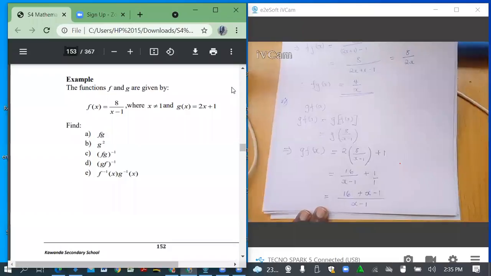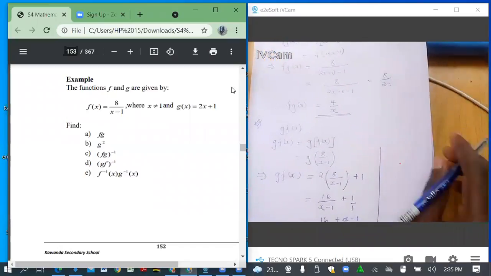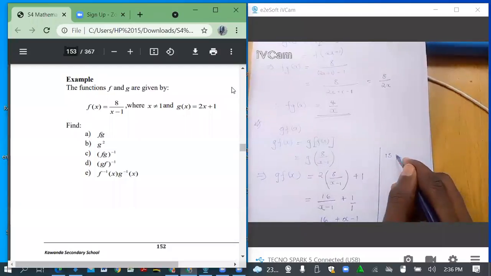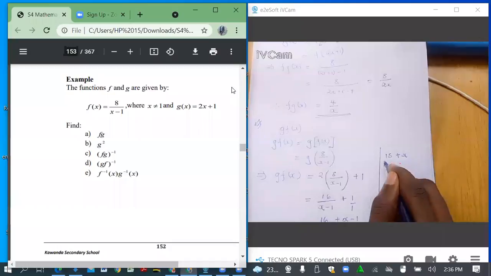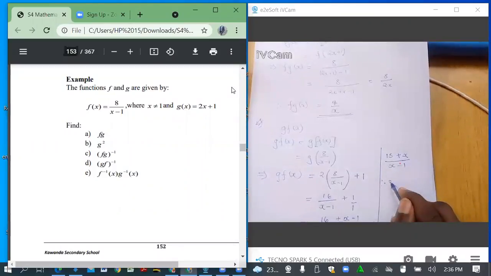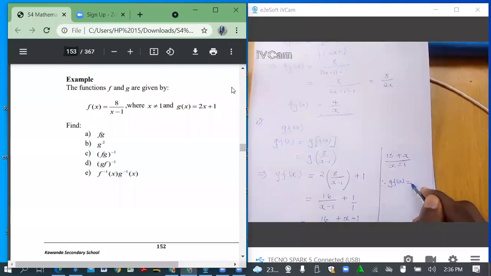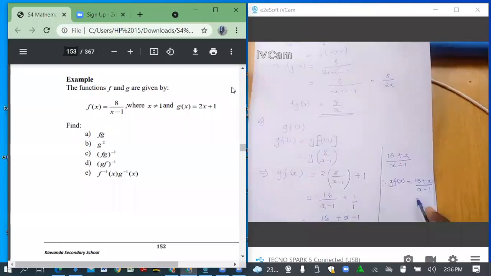You are seeing it from the screen there, not so? Can we simplify 16 minus 1? 15. So we get 15 plus x over x minus 1. Therefore, our g of f of x is equal to 15 plus x over x minus 1.